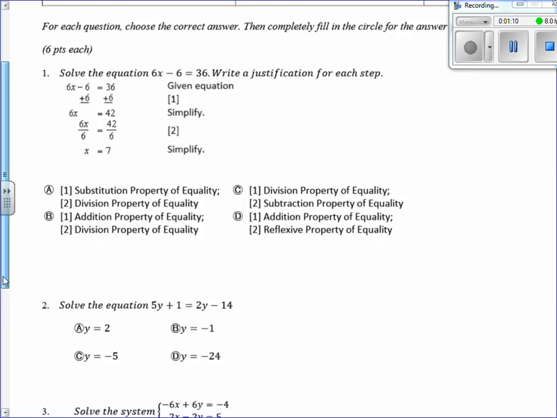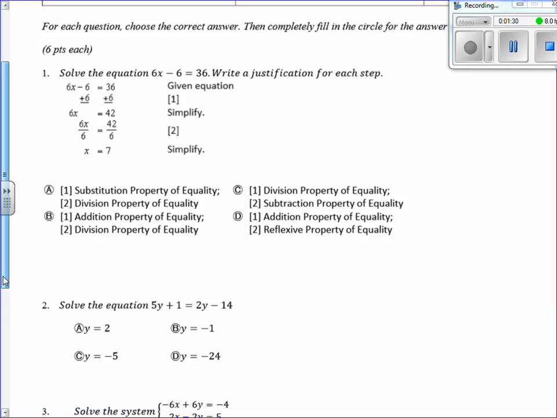And for the problems that you are having difficulty with, once you watch them being done, you should do them over multiple times on a separate sheet of paper until you can do them independently without watching the video, without looking at any notes. Remember, as I always say, you learn math by doing, not by watching, okay?